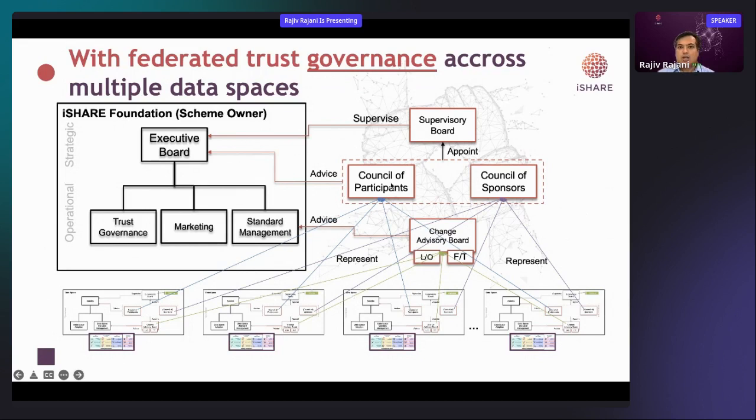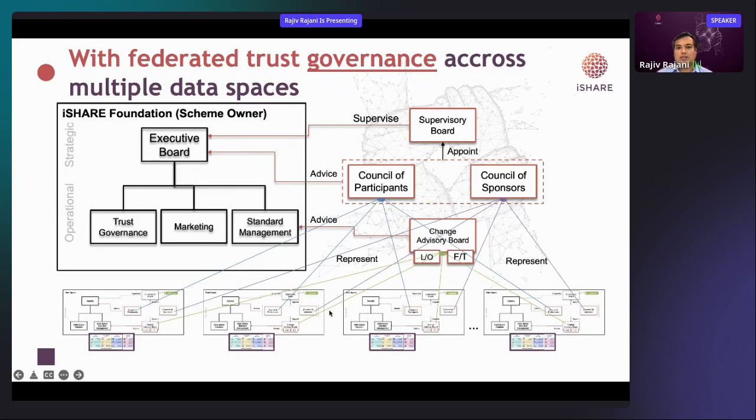Right? And of course, as explained earlier, we also have the change advisory board representing legal, operational, functional, and technical aspects. This change advisory board also comes from the participants. But with data spaces, of course, the council of participants is now a representation from the council of participants of the data space.